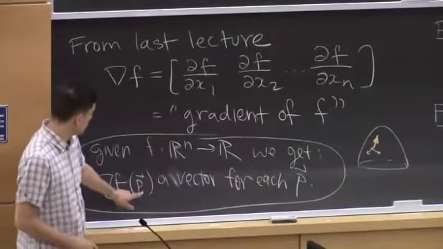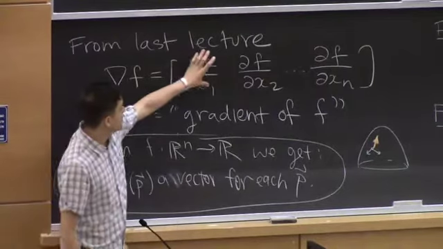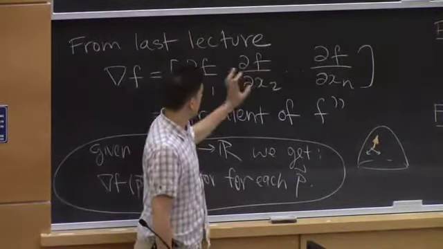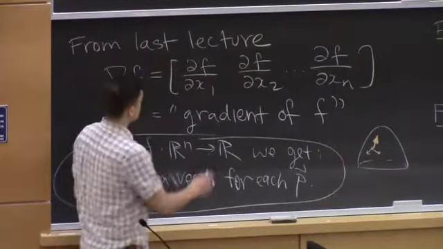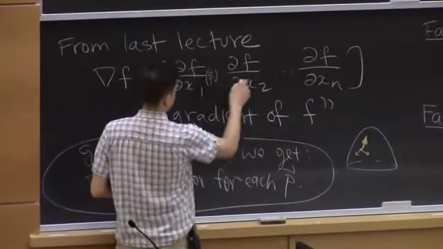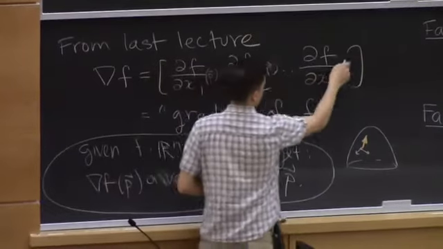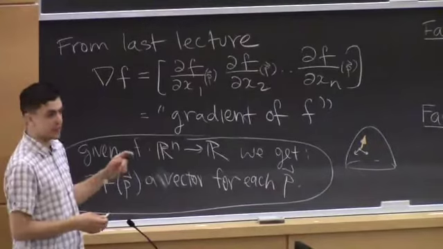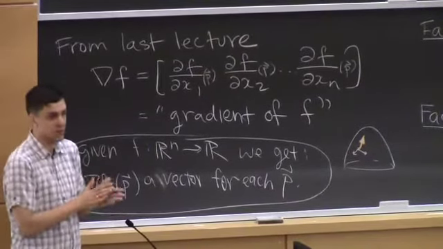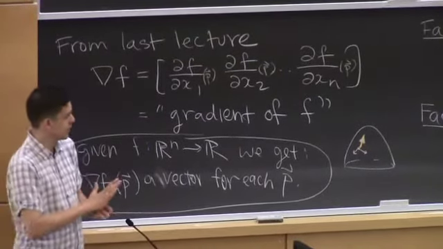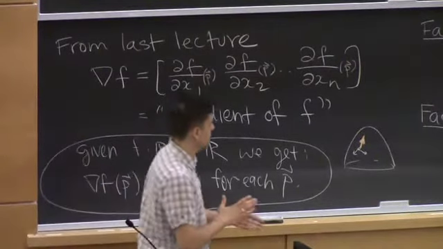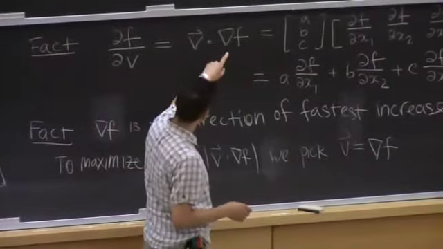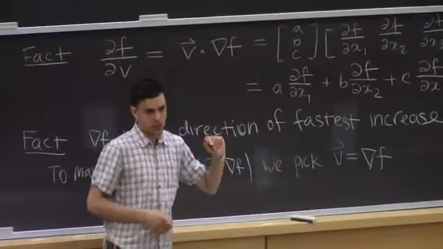Okay, so any point that you plug in here, you'll get several partial derivatives. You plug in that point p, and now you get some vector at that point. And that vector is the direction of fastest increase. Right. Sorry. So it makes this dot product as large as possible.